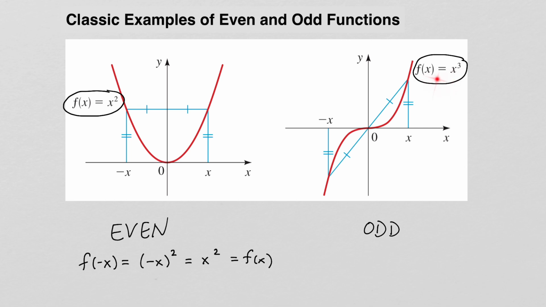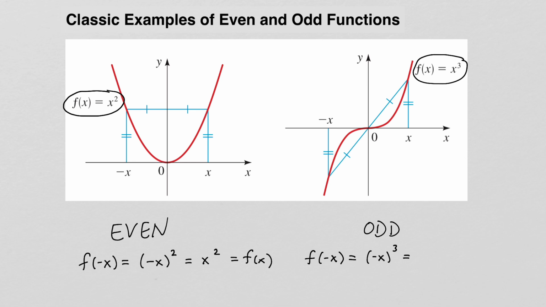f of x equals x cubed is an odd function. Why? Because if I take a point up here, we can see that it has symmetry through the origin on the other side. Now we can also test for this by once again just plugging -x into the function x cubed. When we do that, we get -x quantity cubed.